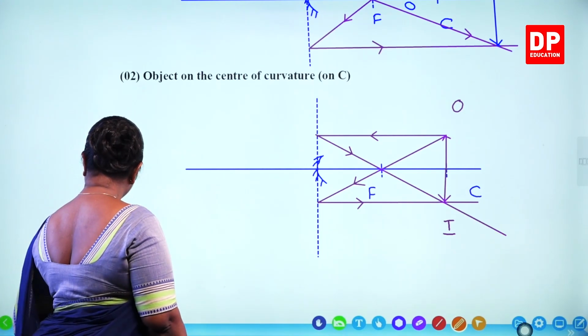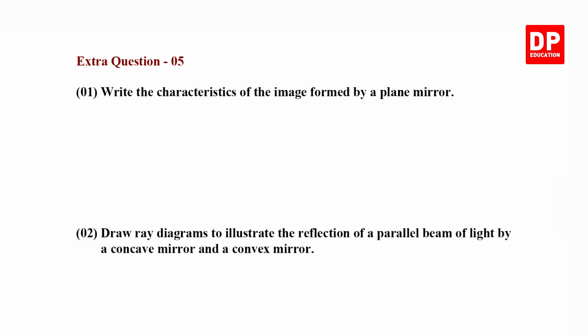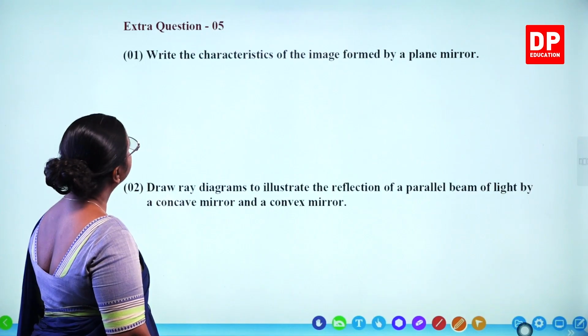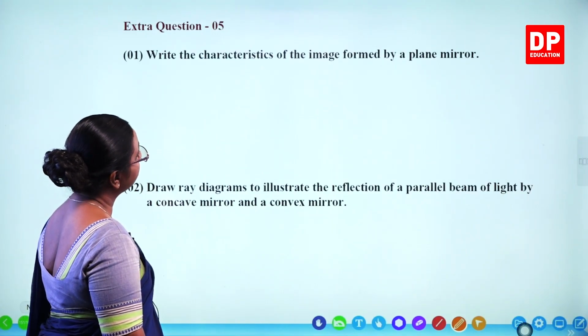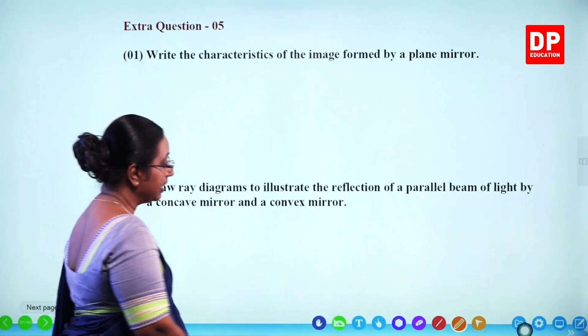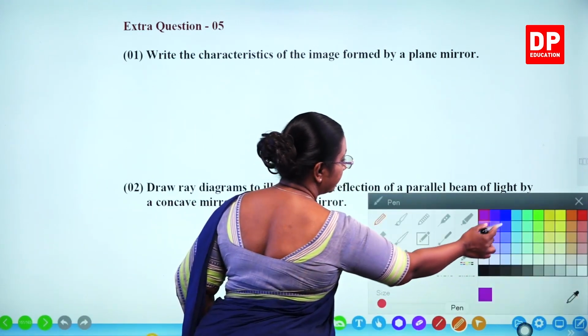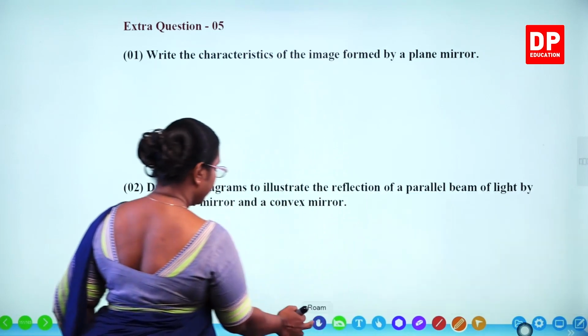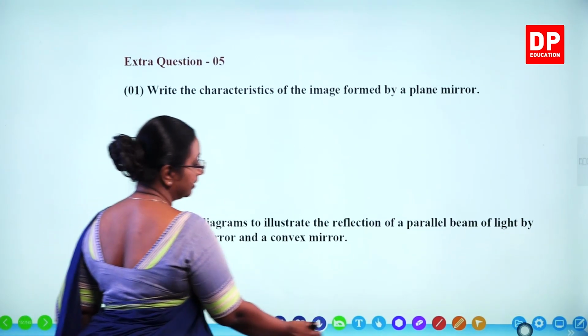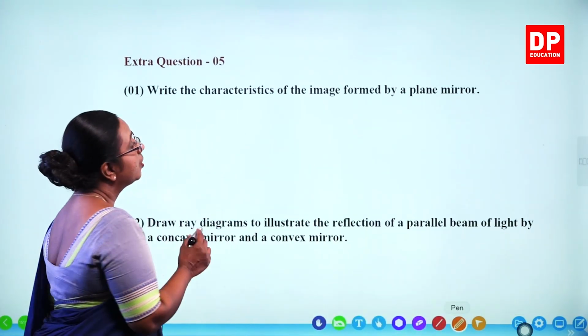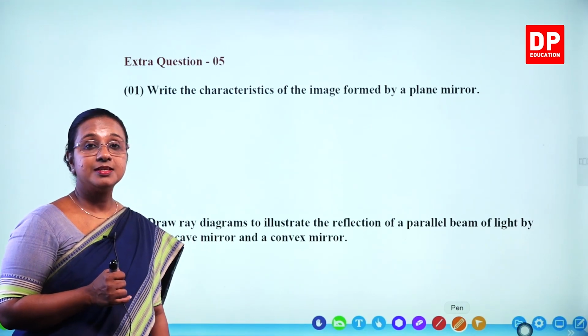Now I will move on to the next one. Extra question 5. Write the characteristics of the image formed by a plane mirror. So I have to write the characteristics of the image formed by a plane mirror. What are the characteristics?